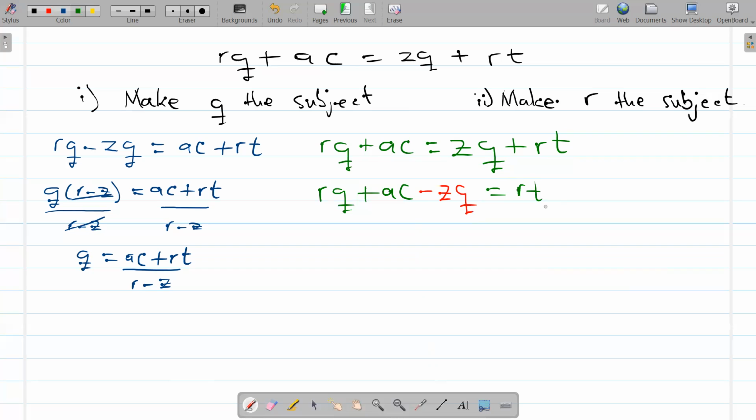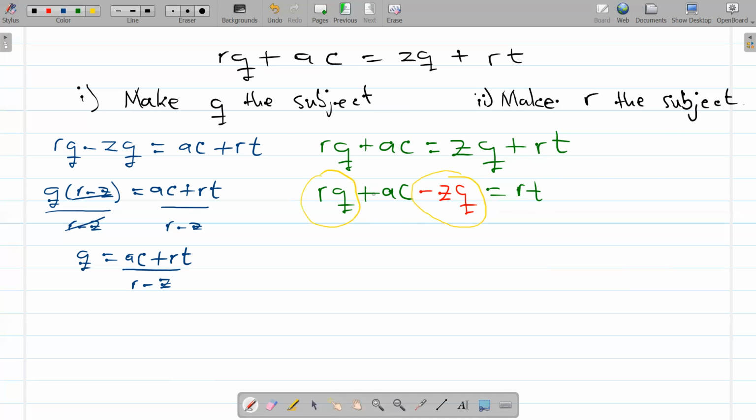Is it okay? So we only move, yes, the RT is already there. So it's okay, positive. Yes. So we only moved the ZQ. So now we have RQ and we have what? ZQ. RQ is on one side, then the minus ZQ is also on this side of the equal to sign.